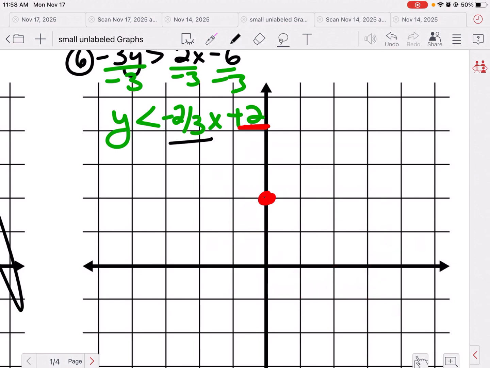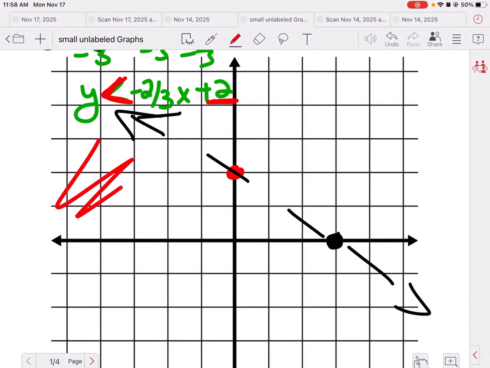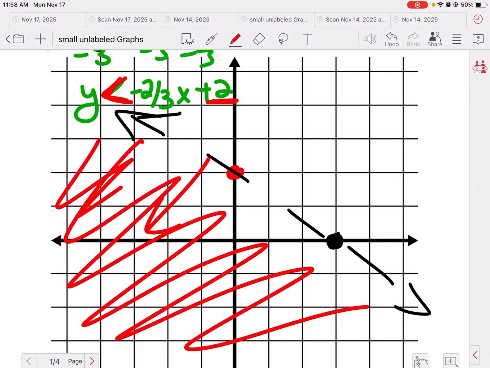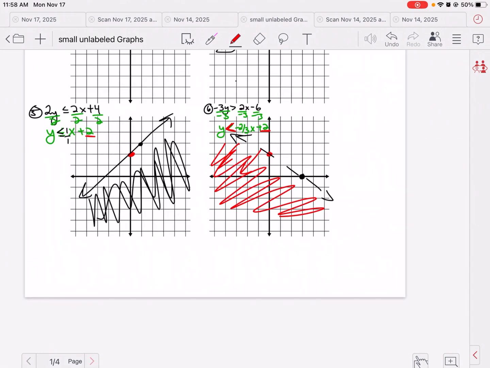I'm going to erase my jumps. Since this is just a less than, there's no solid line underneath, it's a dotted line on my graph. And since it's less than, I'm going to shade below my line on this side of the graph. So that's what that one looks like.